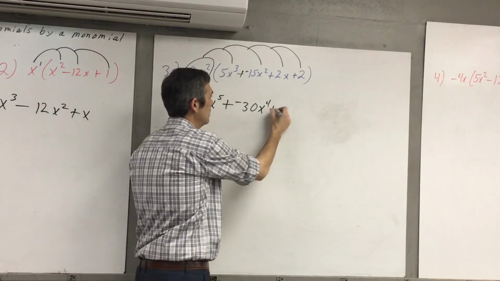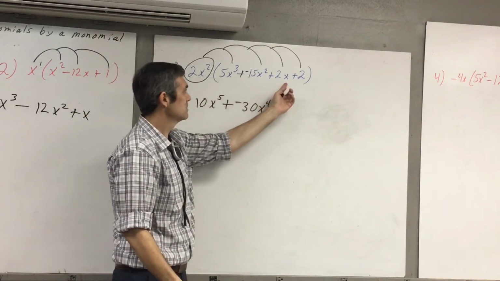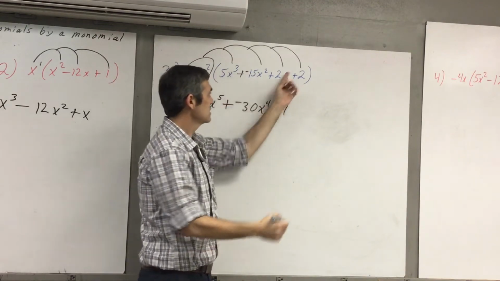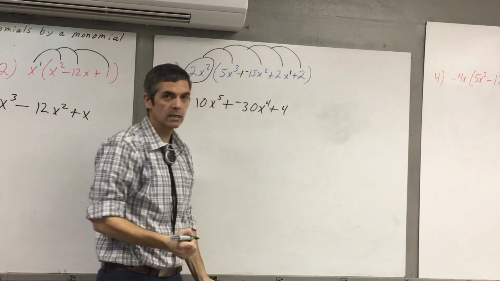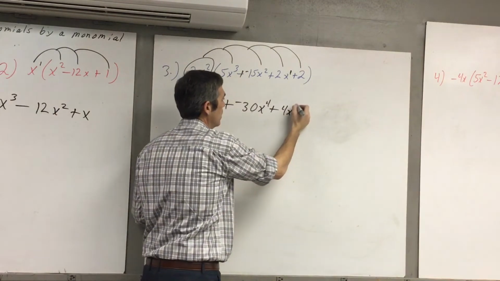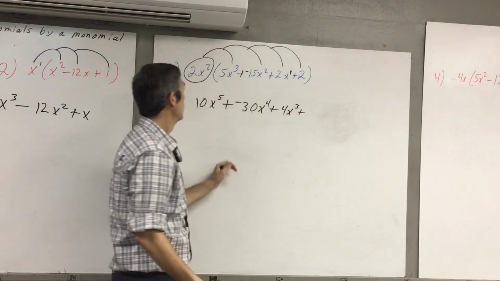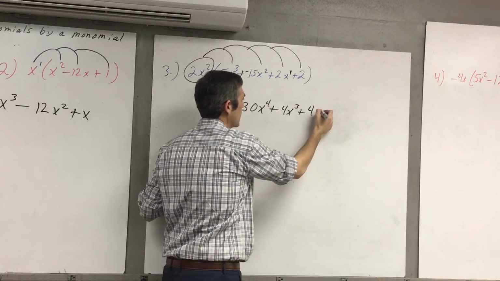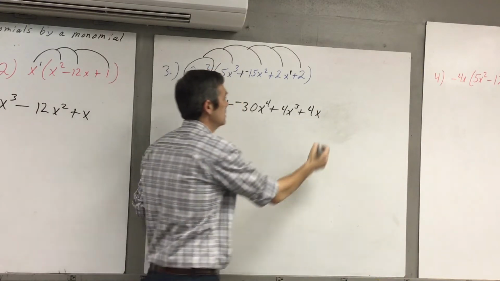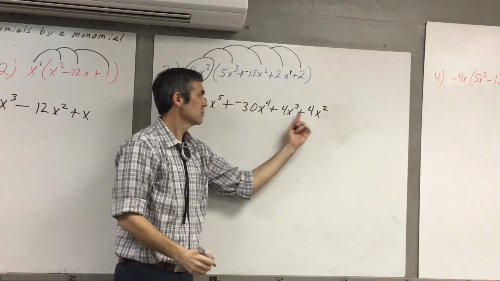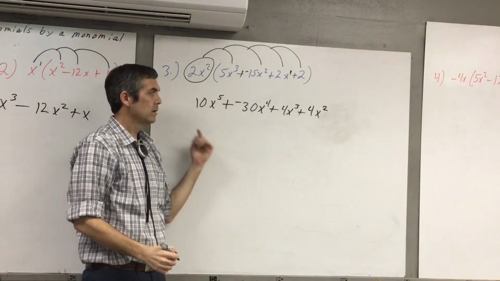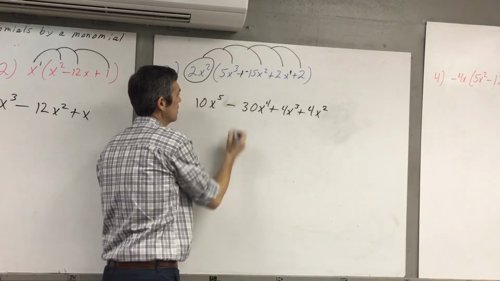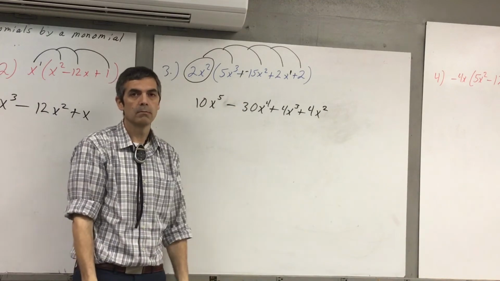And then plus, this times this, 2 times 2 gets you 4, x to the second, x to the first power gets you x to the 3rd, plus this times this, well that's 2 times 2, which gets you 4, x to the second. Check to make sure that they're in order, okay? And this is one way to write this. The other way is you could do this. Those two things are the same thing, okay?